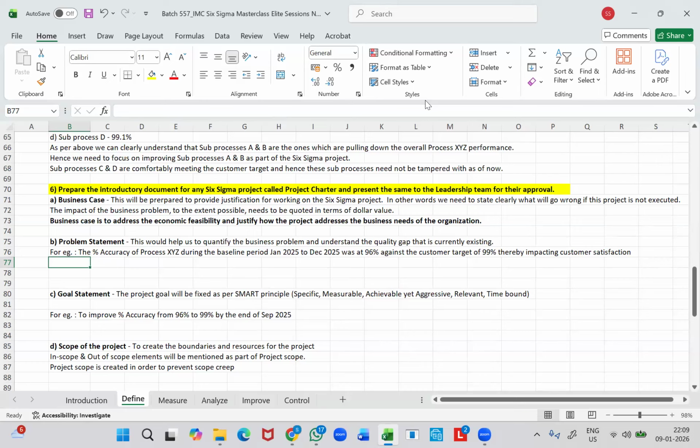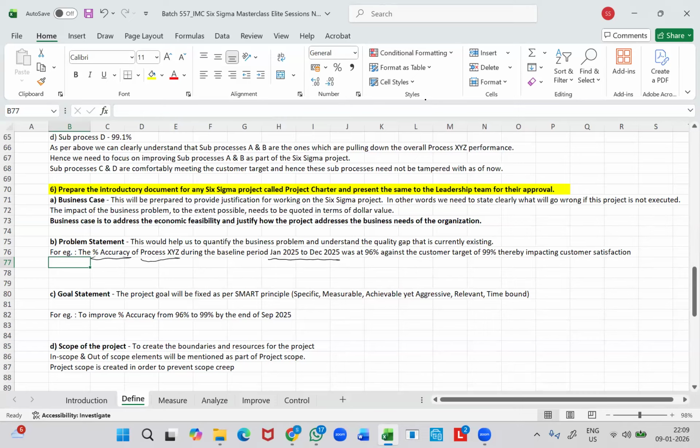So what are the various elements that you would find in this problem statement? The first one obviously is the CTQ metric, which is percentage accuracy. This is the CTQ metric which we plan to improve as part of the project exercise. The next one is the process name, which is process XYZ. And then the baseline period. As I told you, the latest 1 year period needs to be considered as the baseline period.